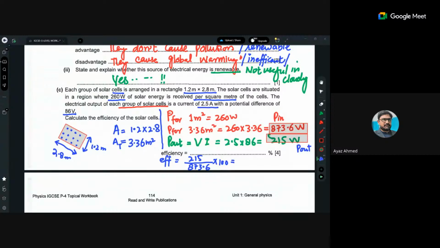What answer are you getting? Yes, 24.6, which is about 25% efficiency. So as I told you, your solar cell has a small efficiency, 25% efficiency. Is it clear to all of you? Yes, sir.